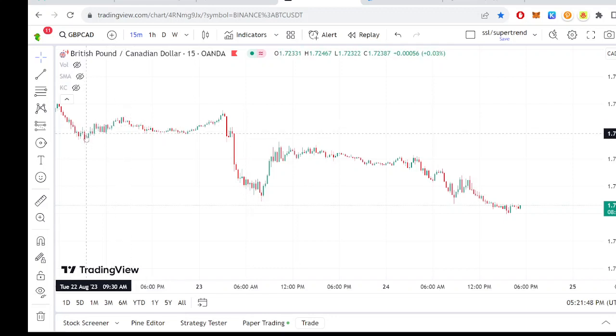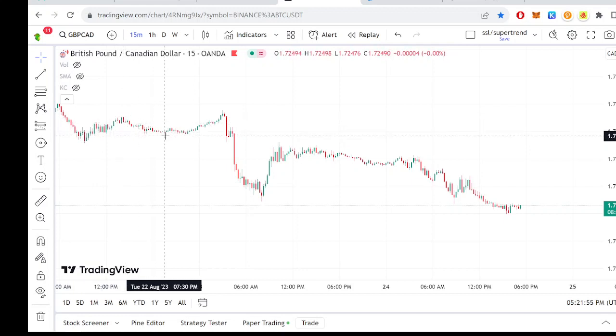So we get a high right here, a low into smaller size bars. This would be our ATR getting smaller. Our volume is probably getting smaller.